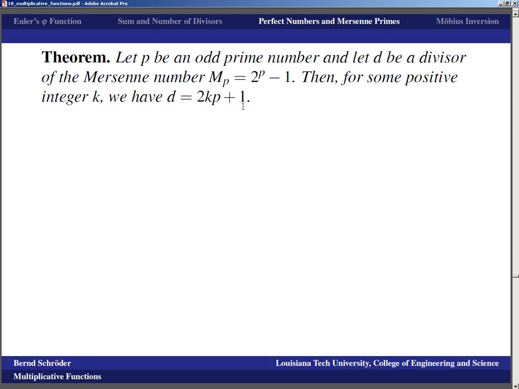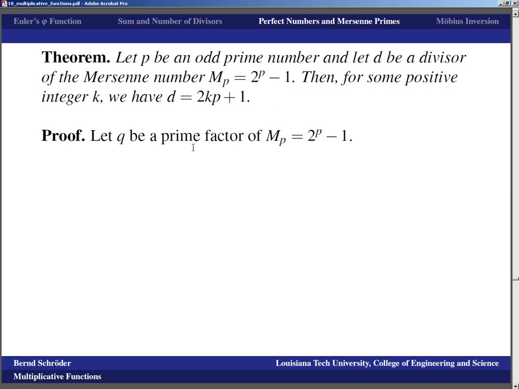So basically, the divisors of Mersenne numbers that come from prime numbers (of course, the one Mersenne number that comes from an even prime number is not that interesting, it's 3) must be of a very special form, namely a multiple of that exponent plus one. Okay, so the divisors must be there.